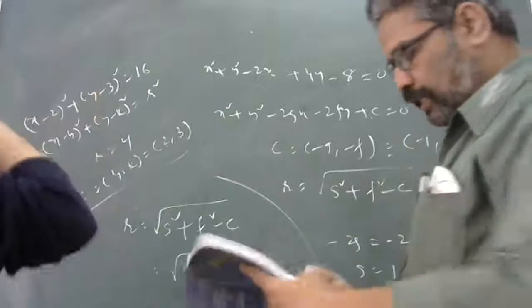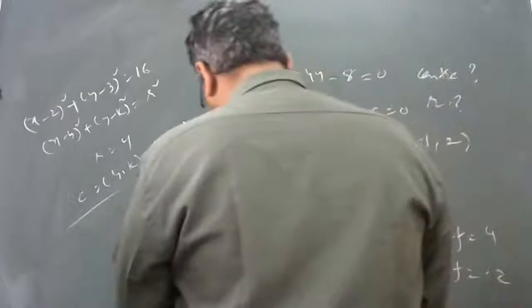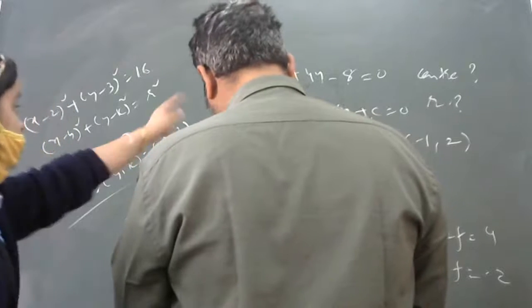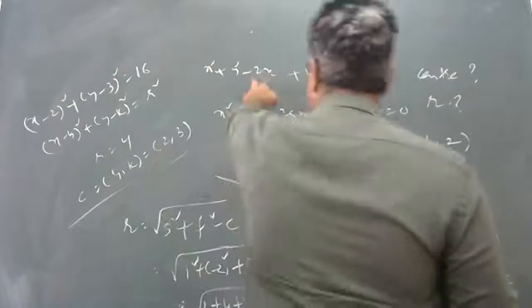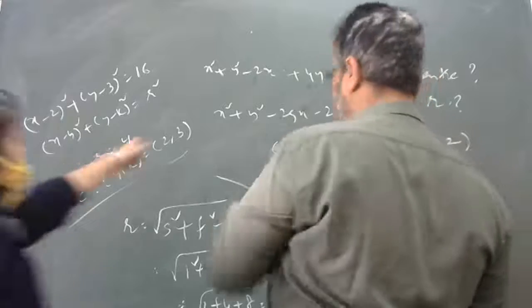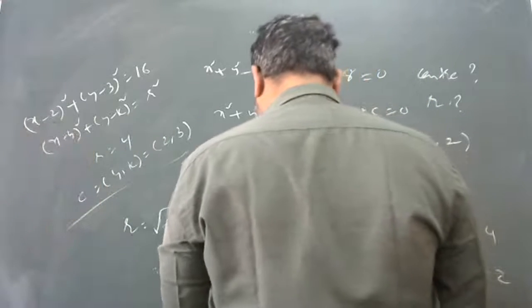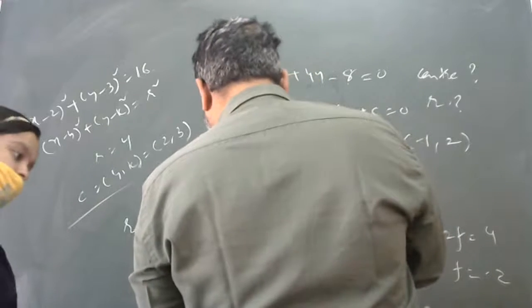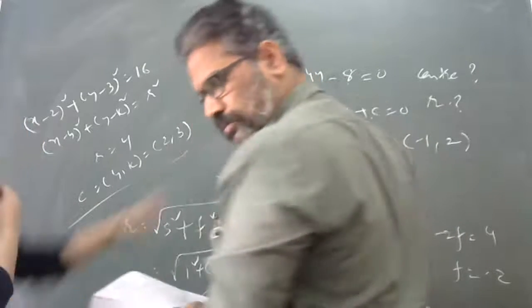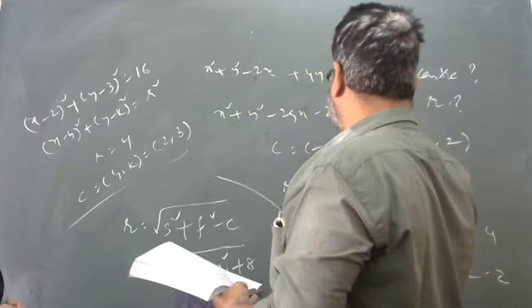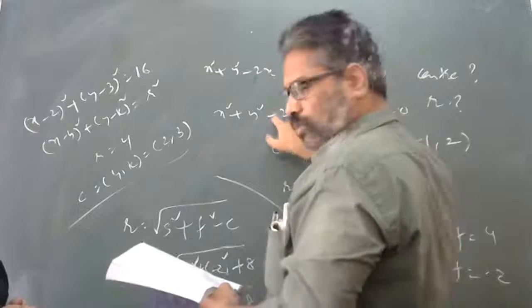See, look at the formula here: I wrote plus 2gx.